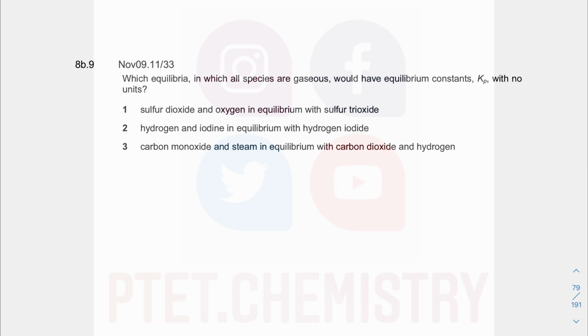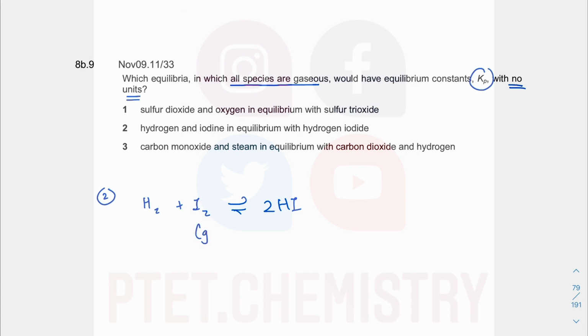Which equilibria, where all the species are gaseous, would have Kp with no units? If you write for each equation, H2 plus I2 gives you HI, you need to balance the equation. Typically we will have gaseous iodine and gaseous hydrogen, but the iodine can easily sublime into gaseous iodine in the presence of heat.